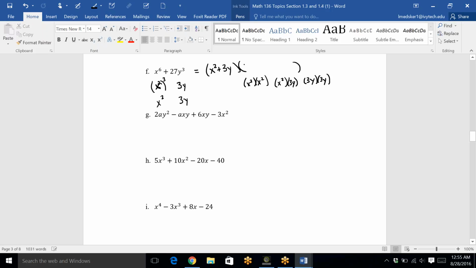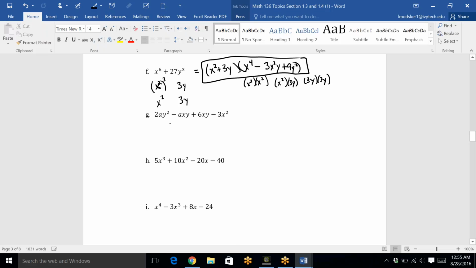So x squared times x squared is x to the fourth. Your sign always changes here from the original binomial, so this would be a minus. 3x squared y, and then always a positive for the last sign, because remember, SOAP: same as the original, opposite of the original, always positive. And that would be 9y squared. So there's that one.